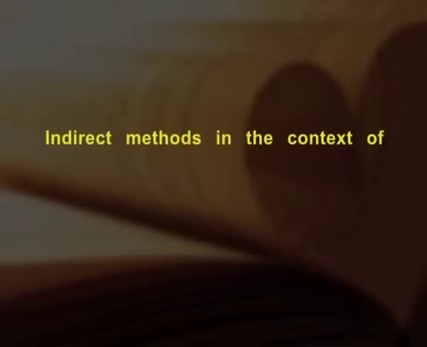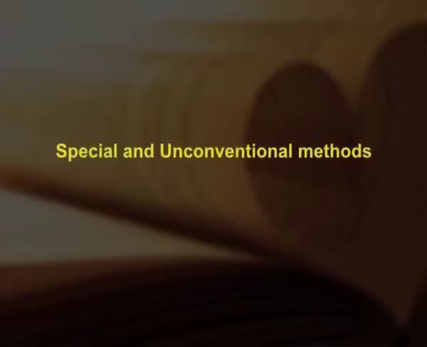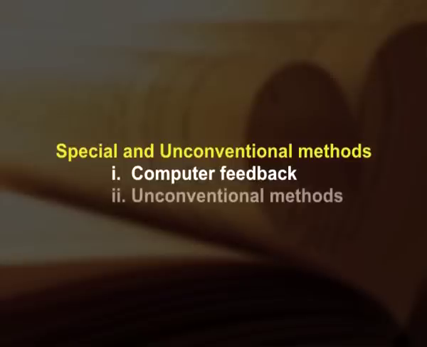The second one is indirect methods in the context of information use, which include analysis of library records and citation analysis. The third one is special and unconventional methods, which include computer feedback and unconventional methods. The major methods and techniques are explained below.